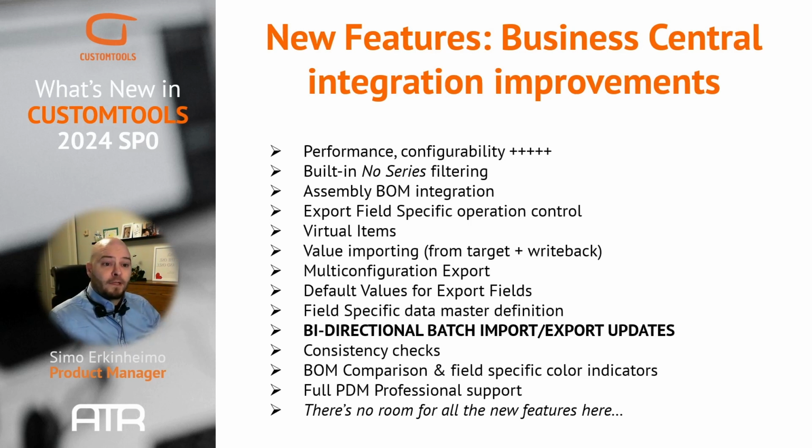Production BOM integration we already had, but now both of them work a bit more safely when it comes to BOM line ownership. Export field specific operation control means we can ignore item card, assembly BOM, and production BOM operations separately based on specific field values, for example blocked items or already certified production BOMs.